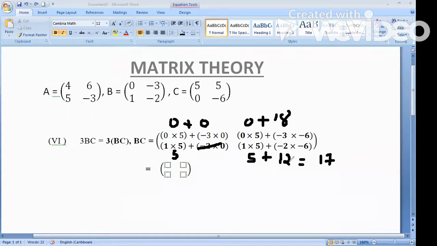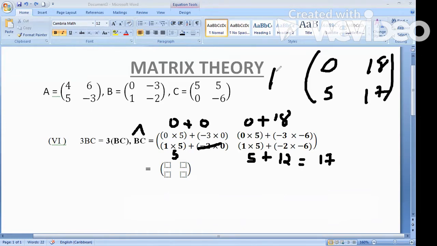All right, cool. So it sounds as if there's a mix-up there, row by column. Where is 3 BC? Could you explain what they are for me? It's B times C. When I multiply B times C, we get this matrix: 0, 5, 18, 17.